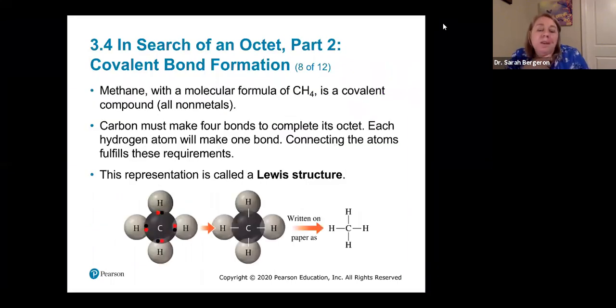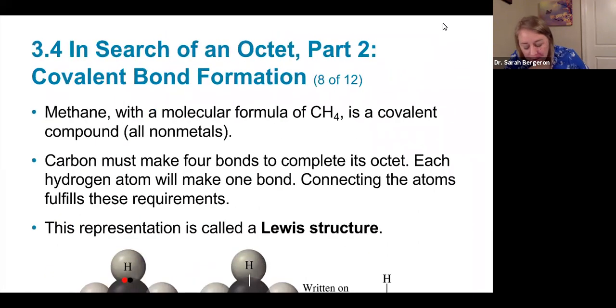So here's an example. We kind of already talked about this, right? Carbon. When we draw its electron dot, Lewis dot diagram, here's carbon. Carbon has 1, 2, 3, 4 valence electrons, right? It's in group 4A. So it has 4 valence electrons.